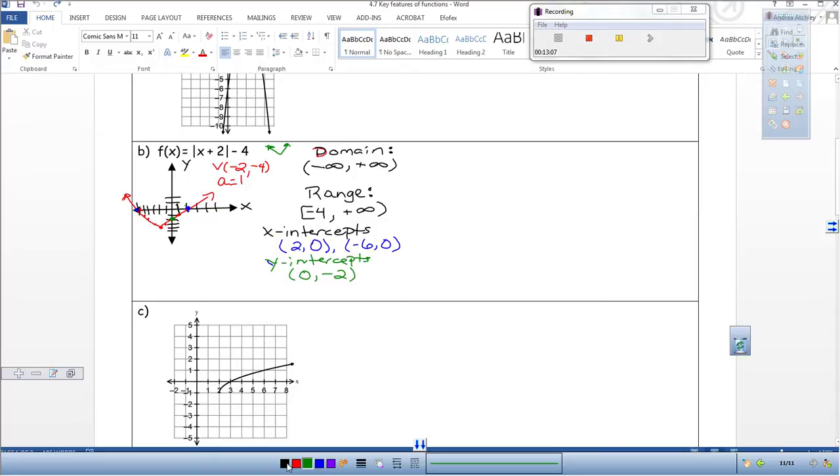Okay, next. We're going to do increasing and decreasing. Everybody write down where they think it's going to be increasing and where it decreases.